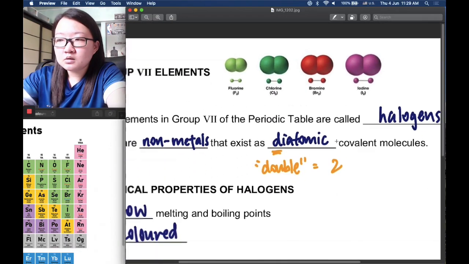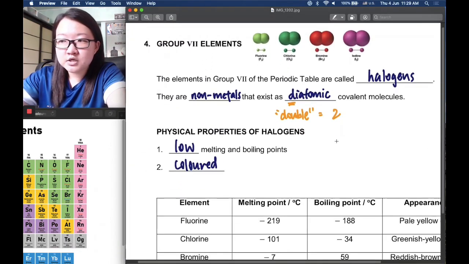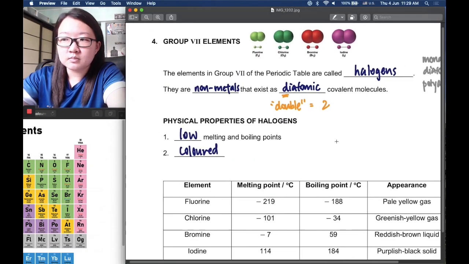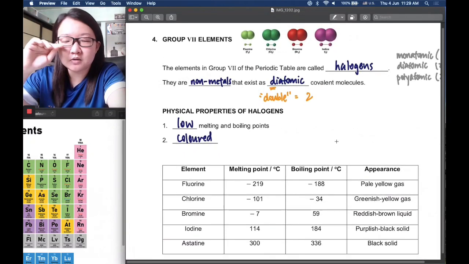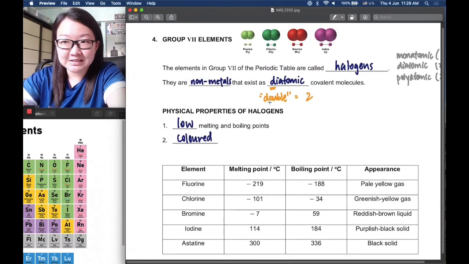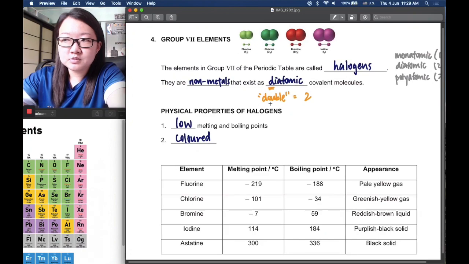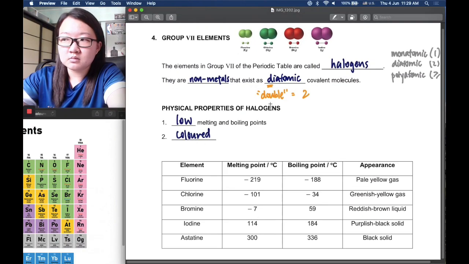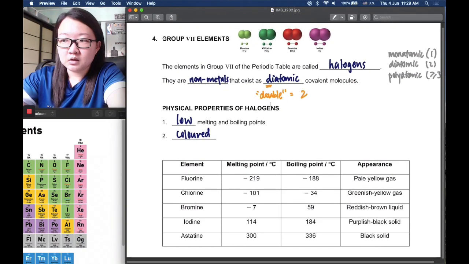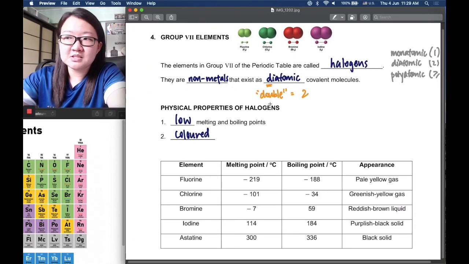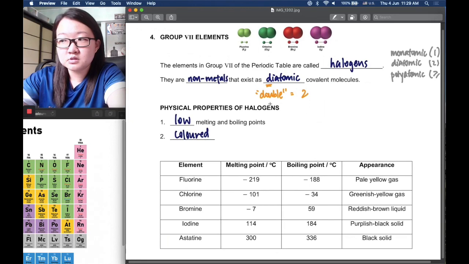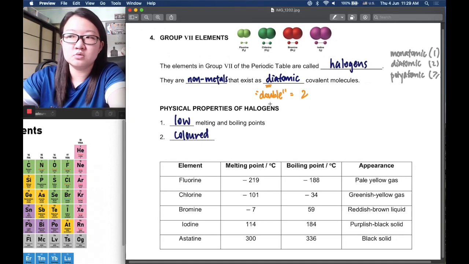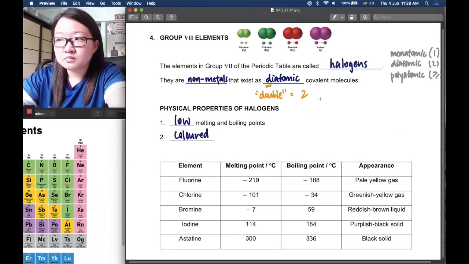Now, as I've shared previously, the way to remember: for diatomic, you can think of the word double. Double means two, right? So diatomic molecules just means that the molecules are made up of two atoms. That's why F2, Cl2, Br2, I2, and so on.